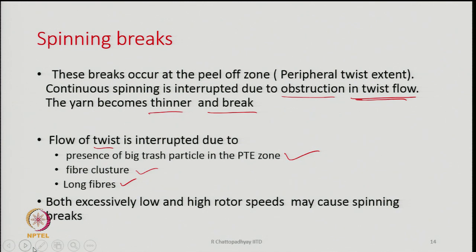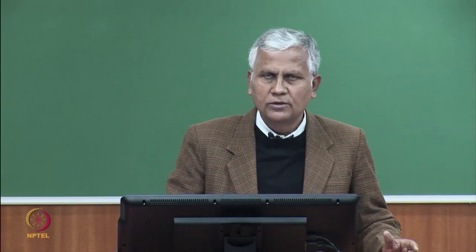So, if we do not run the rotor at a reasonable speed, then also we will find that there is a lot of difficulty in spinning the yarn. We are not in a position to spin the yarn. Similarly, too high speed also will cause a lot of breakages, because the spinning tension goes extremely high and breaks will be there. So, too low speed is bad, too high speed is also bad.